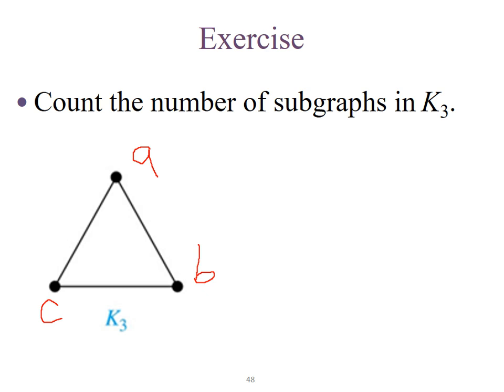Then we have 4 subgraphs. And then he added edges between these vertices, so we have edges between AC, AB, and so on. Now we have a different number of vertices, if the total number of vertices is 2 or 3.